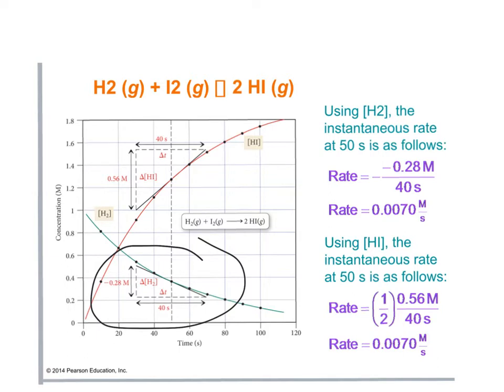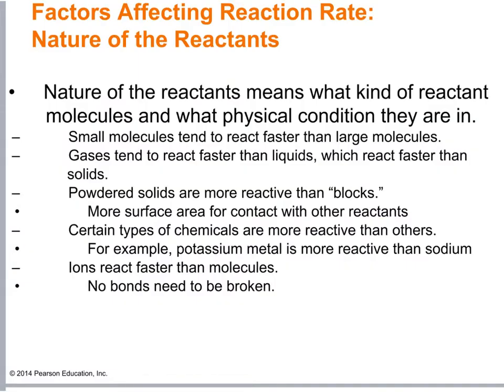On the other side of this, because of the 2, remember that 2 there, right? You can get an instantaneous rate that says, okay, now this is 1 over 2 times 0.56 over 40-second time interval. And you get a 0.0070 in the opposite direction. Okay.